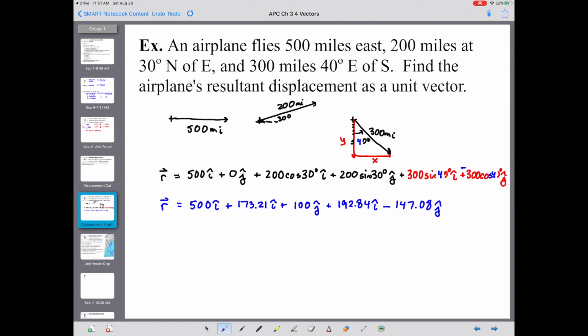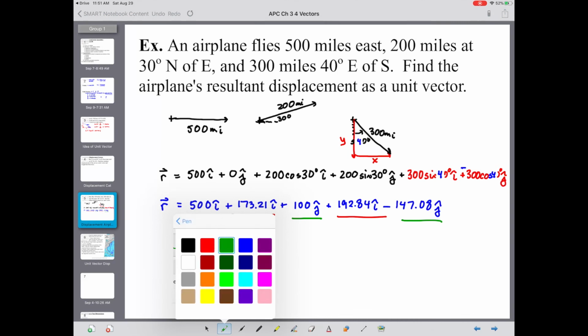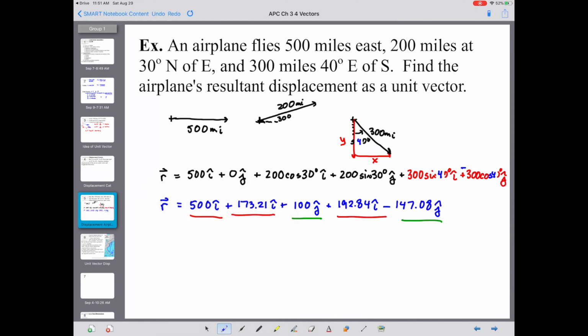Now, everything is numbers, so now we can just go along and grab everything that is an i term and just combine them, and everything that is a j term and just combine them to be able to get our answer. So when we combine all of the i's, 866.04i.